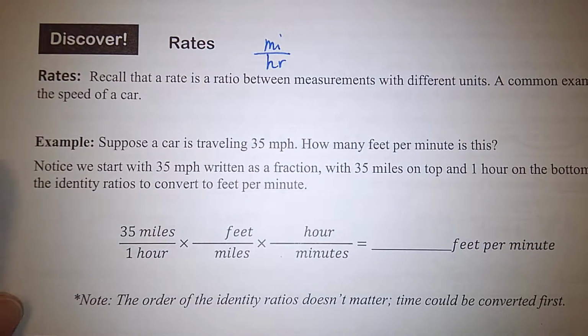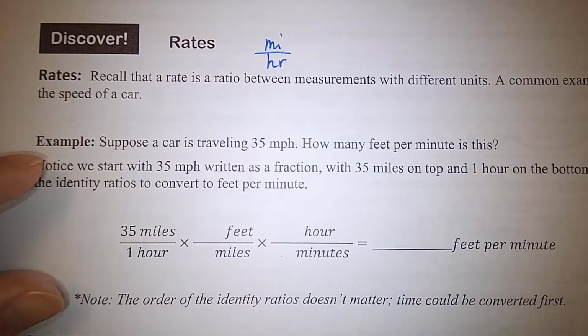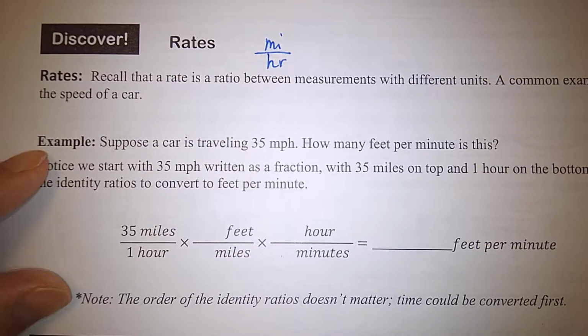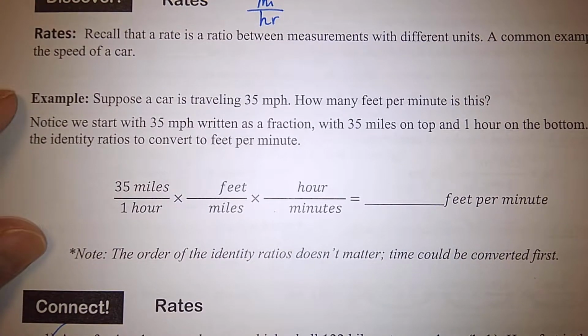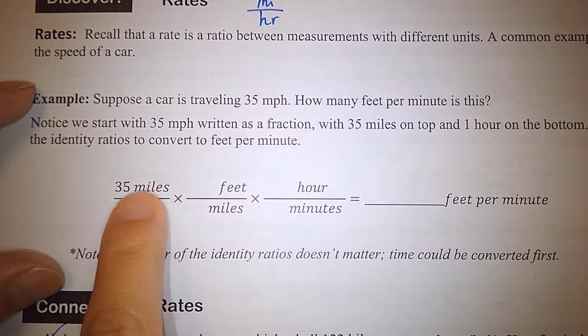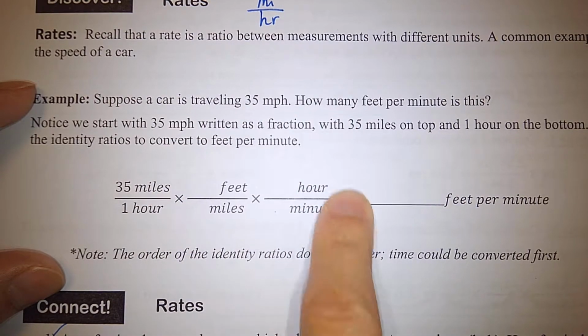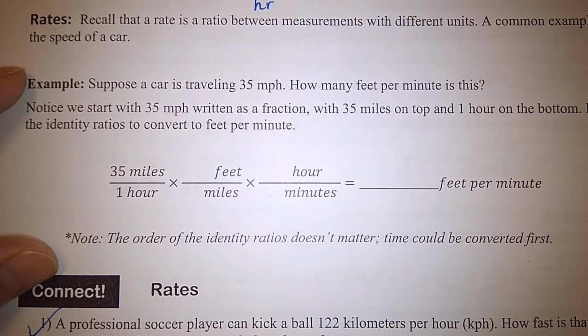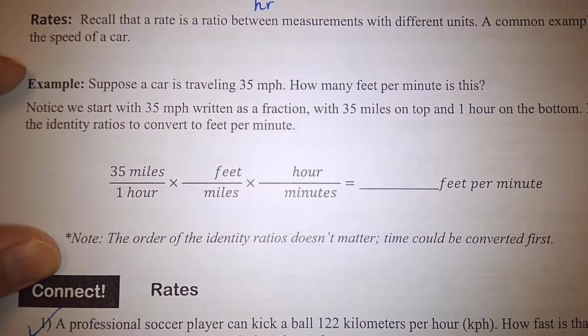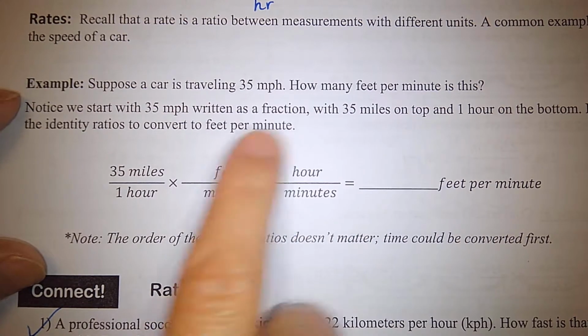I'm going to show you one example and then another practice question. For the example, I'm going to ask a volunteer to read everything, and we'll fill out these blank areas and solve the problem. Whose turn? Leila? Suppose a car is traveling 35 miles per hour. How many feet per minute is this?